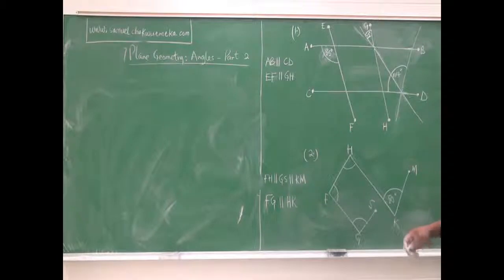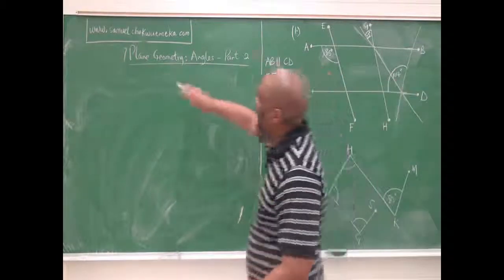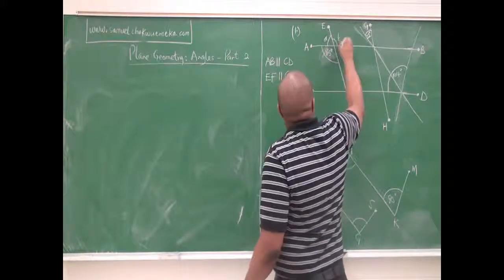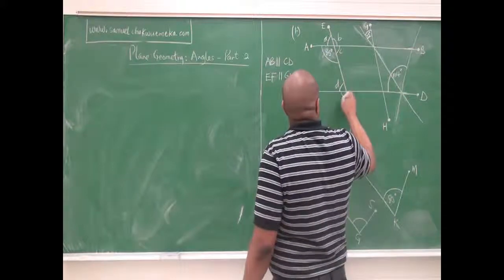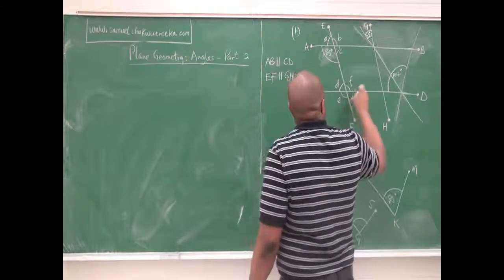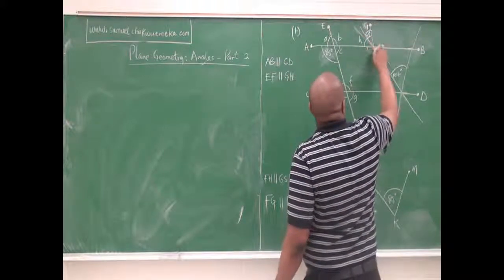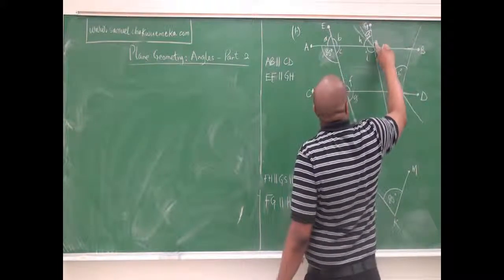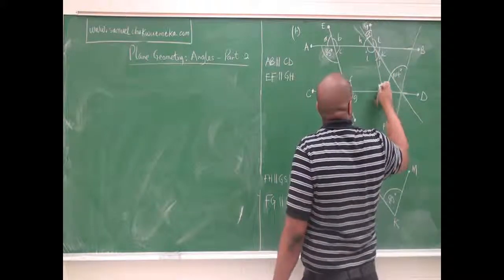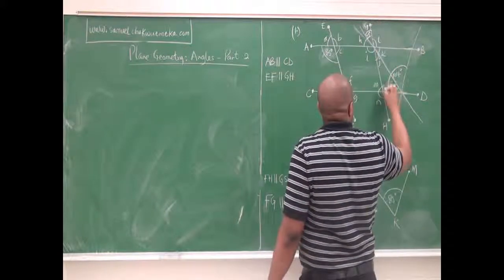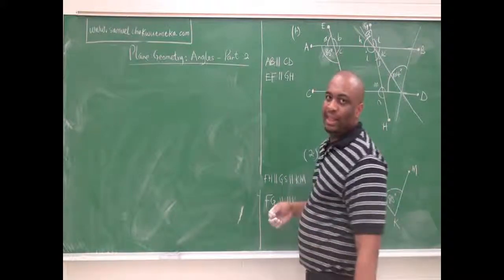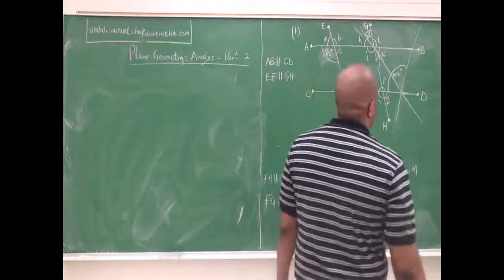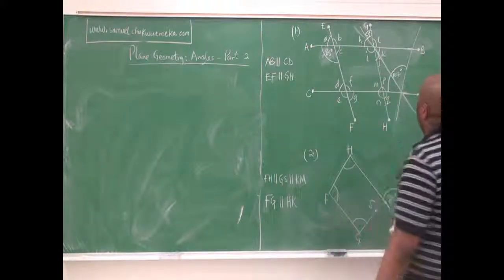When I find all these angles, assuming I call this A, B, C, D, E, F, G, H, I, J, K, L, M, N. Now O you might think is 0, so let me use P, Q. I'm running out of these.